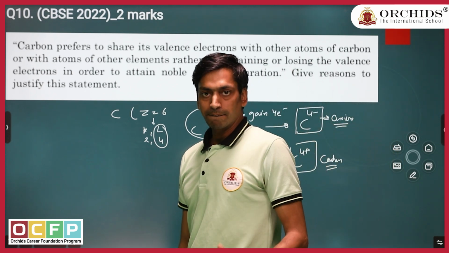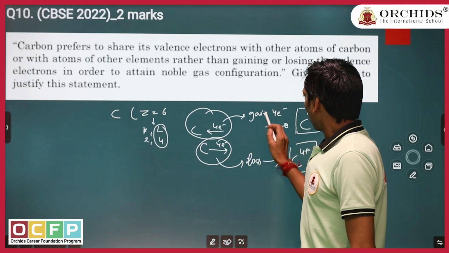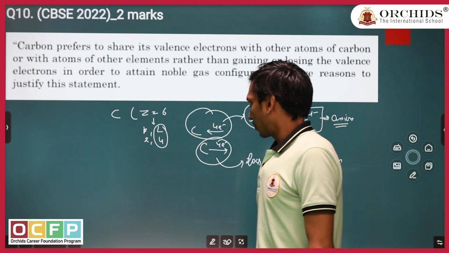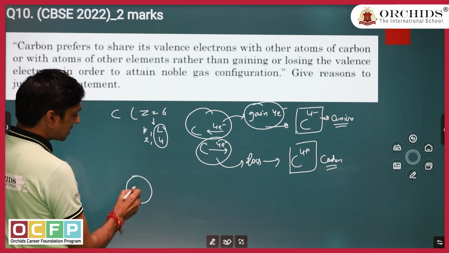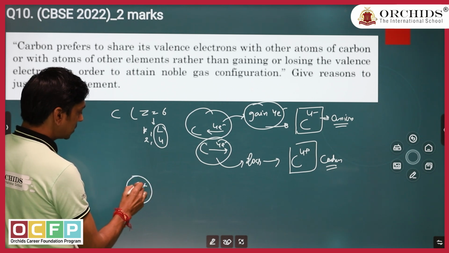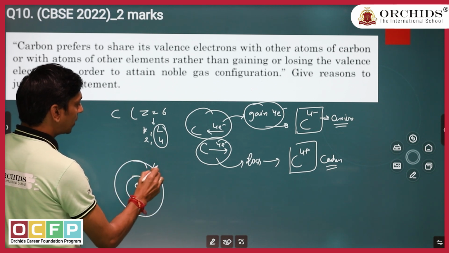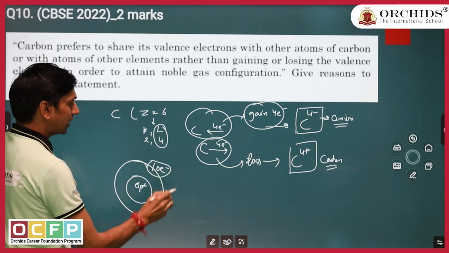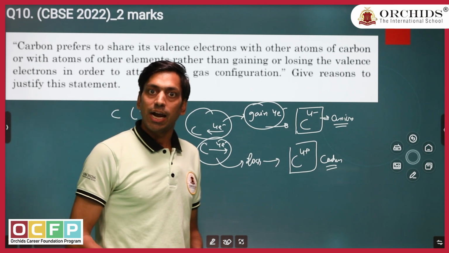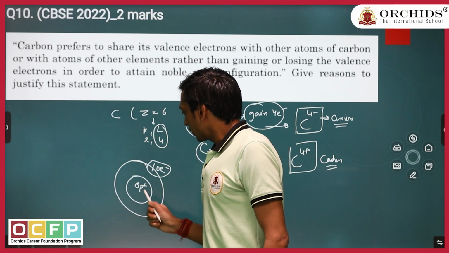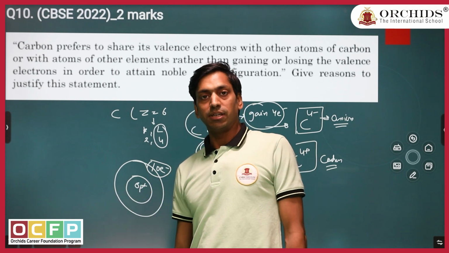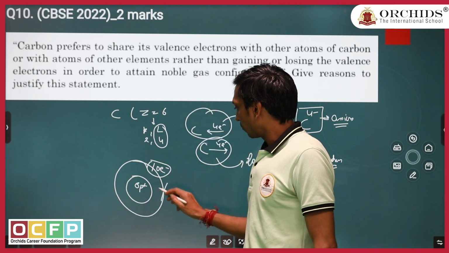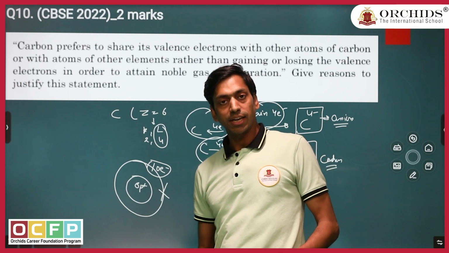If we talk about first gaining of 4 electrons, the carbon nucleus is having 6 protons, and by gaining 4 electrons, it will have 10 electrons. It is not possible for 6 protons to hold 10 electrons and maintain the stability. So that's why it does not form an anion.